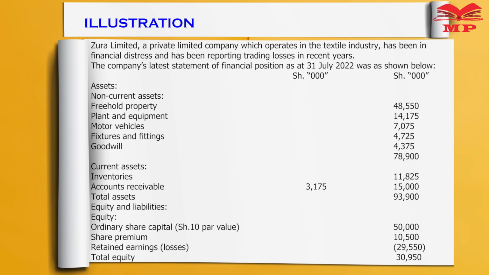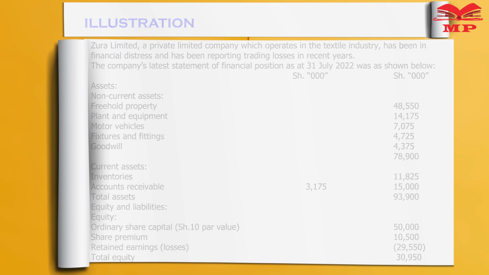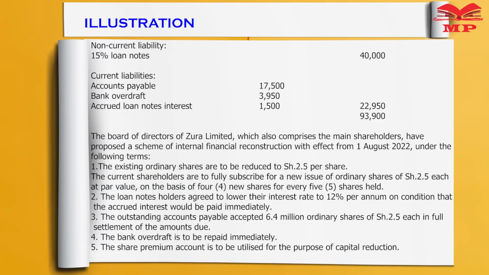Current assets include inventories and account receivables. Equity has ordinary share capital, share premium, retained losses. Non-current liabilities include 15% loan notes. Current liabilities include account payables, bank overdraft, and accrued loan notes interest.